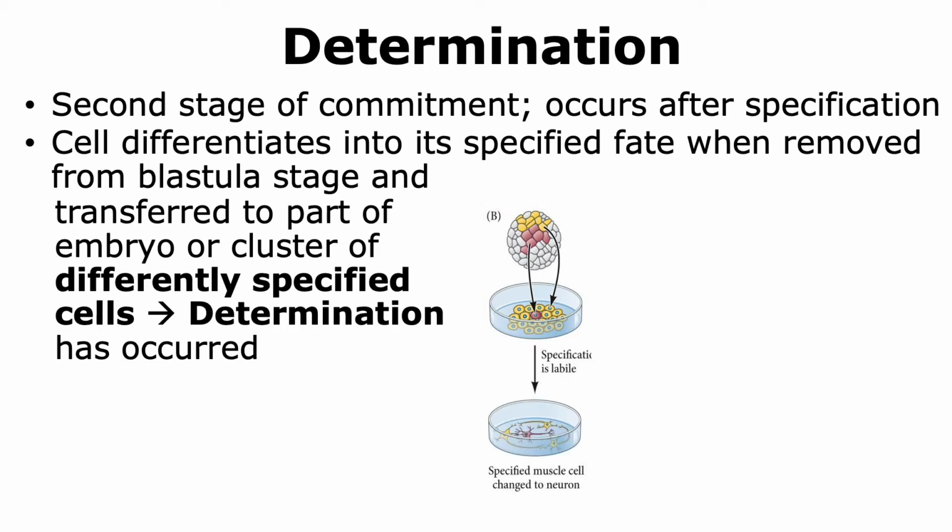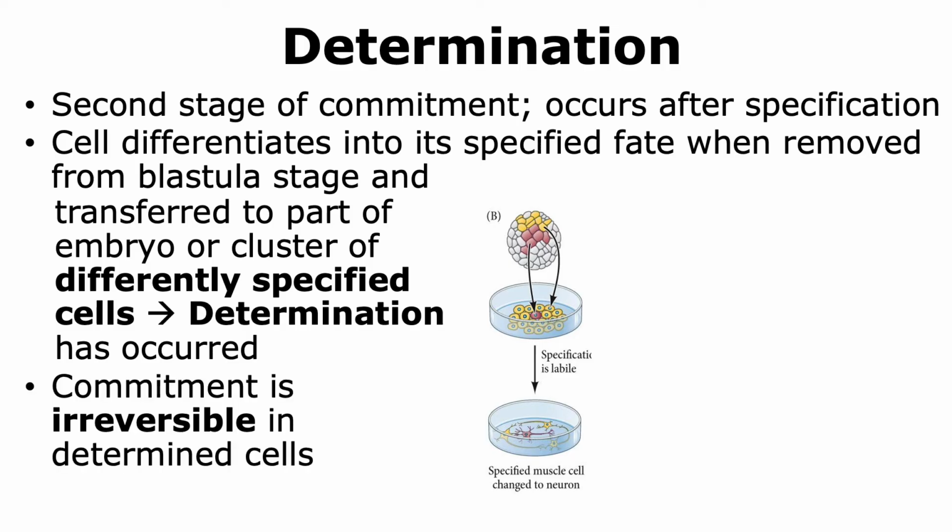However, if that muscle cell turns to develop into a neuron due to the presence of the neuronal cells around it, then that means that early cell that was chosen from the blastula did not undergo determination, and thus the specification is labile.